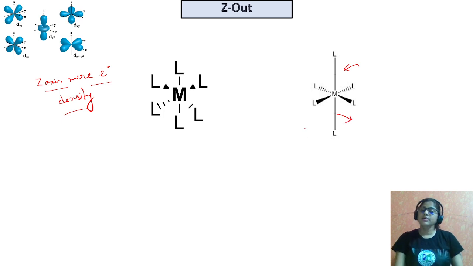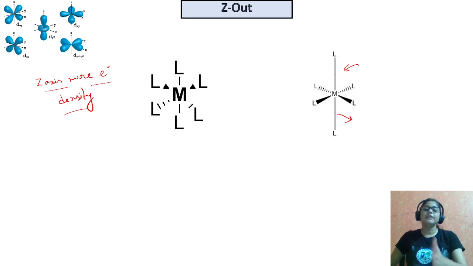So you know now. Whether the z direction or the x and y has more electron density depends on the energy versus the lobe arrangement, how they are arranged in the energy profile diagram and how the electrons fit. That we will come to in the next slide.